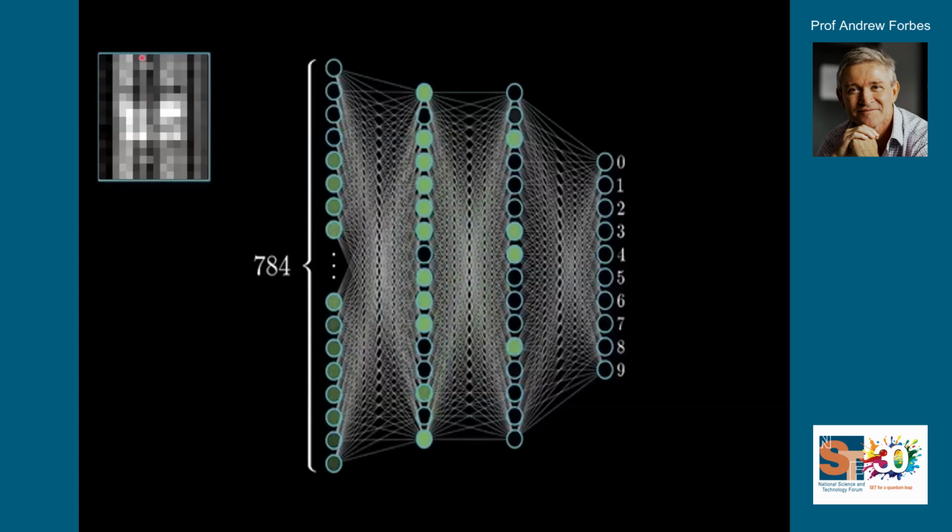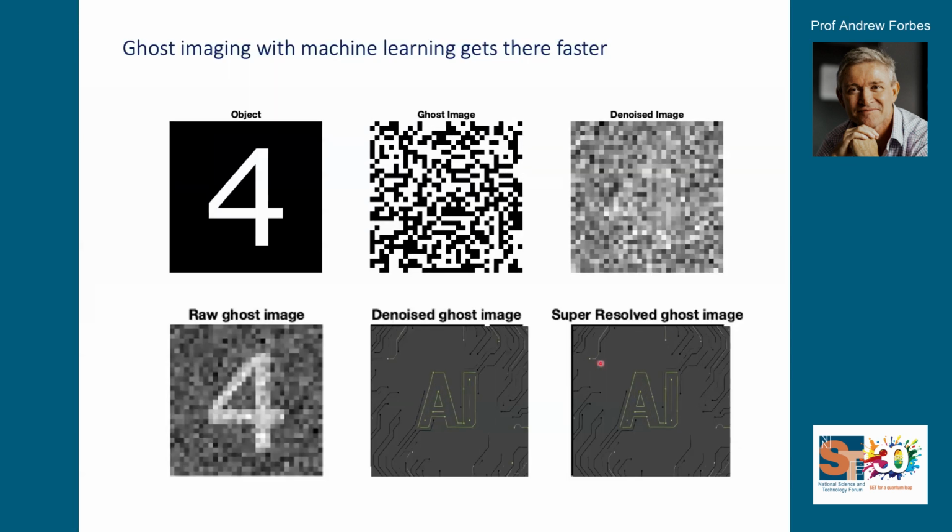So here on the left is a quantum image where we have stopped the experiment very, very early. So we cannot easily recognize what it is, but the neural network tells us actually it's the number 9. So we can do recognition of objects by illuminating them with quantum light at very, very low light levels and still know what they are.